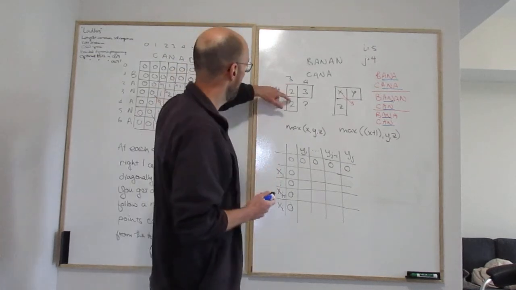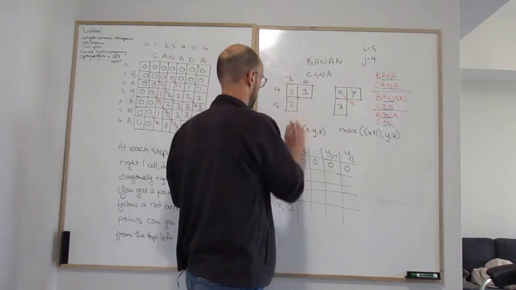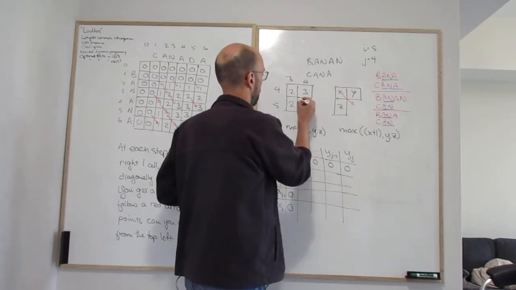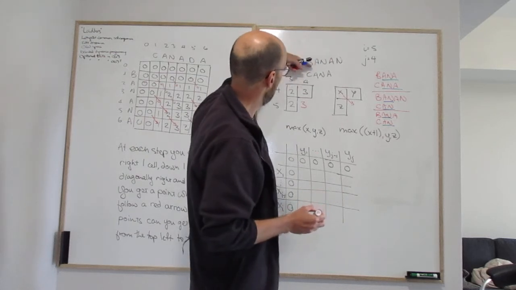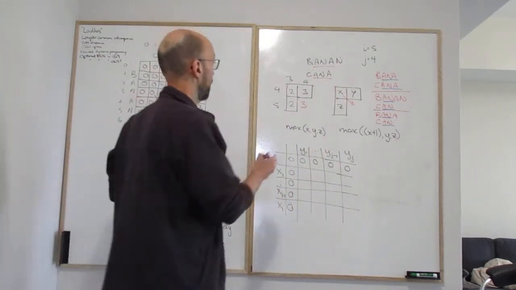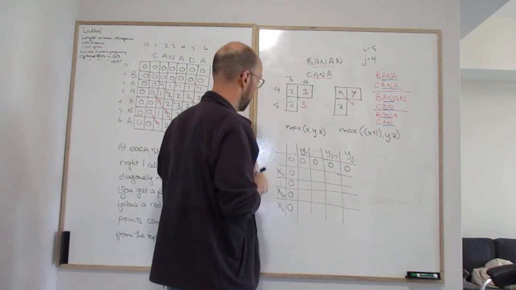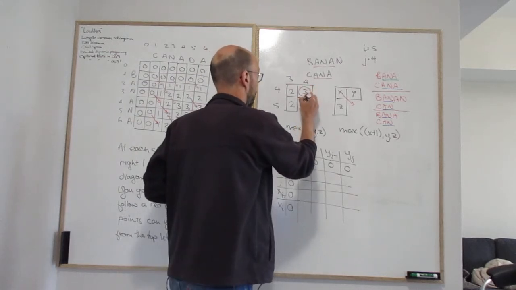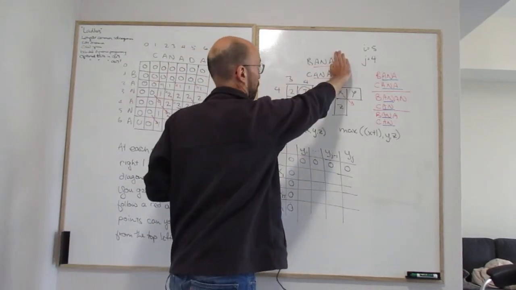Okay, so this is max of this, this, and this, so this is 3. And that's because the longest common subsequence of this and this is ana, and that you get, I'm not going to put a red arrow there, that you get because it's the same as the longest common subsequence of bana and kana. 4 and 4.